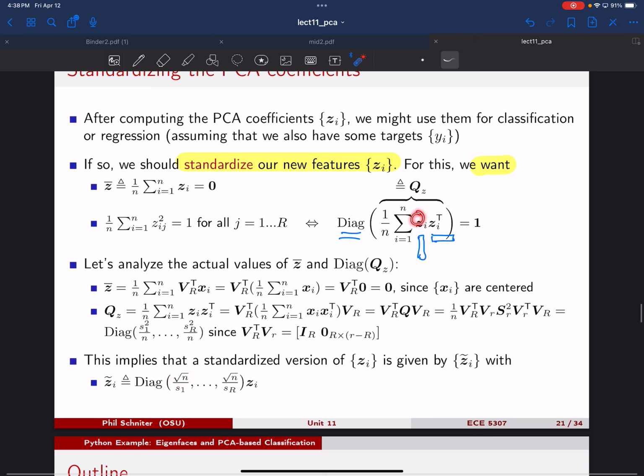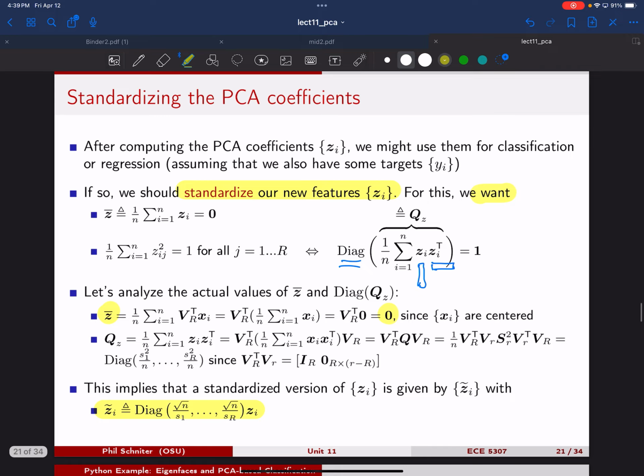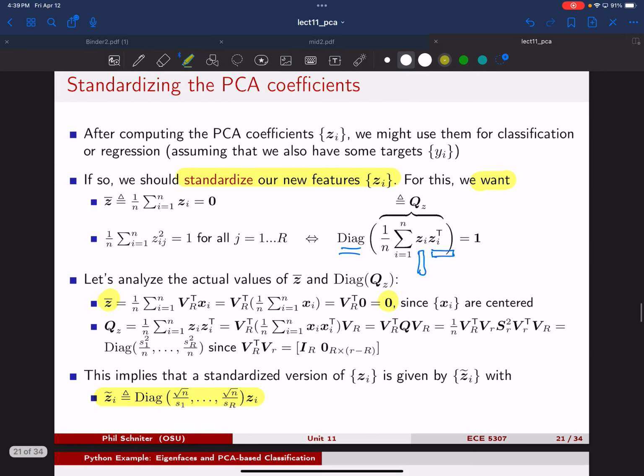And then root n times root n will cancel this. So here's a nice simple scaling of the z_i's that gives you standardized z_i's. Essentially that's all you have to do to make sure your z_i's are standardized: do a little bit of scaling, and then you can work with them knowing that they're standardized. Any questions there? Okay.